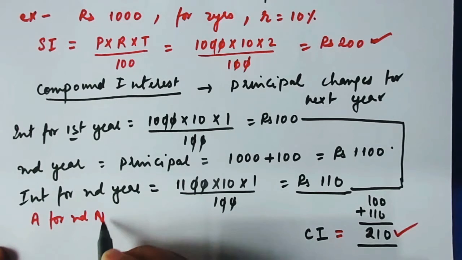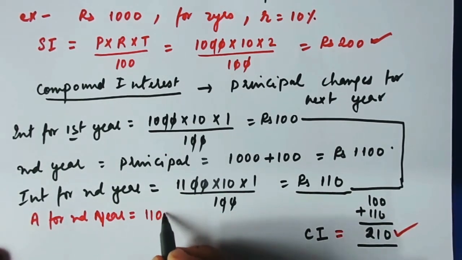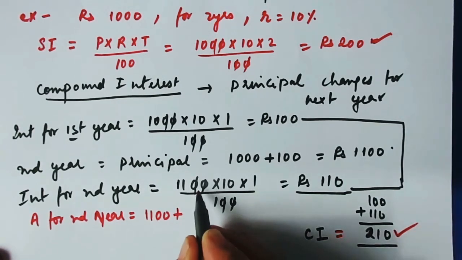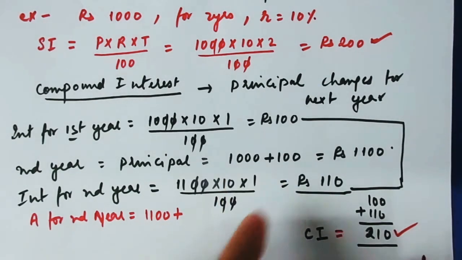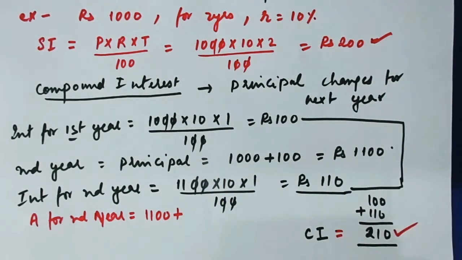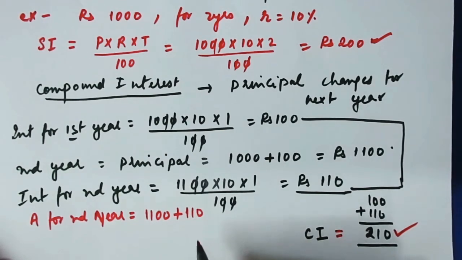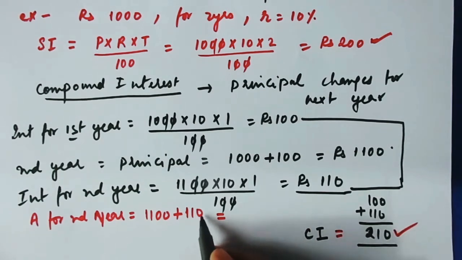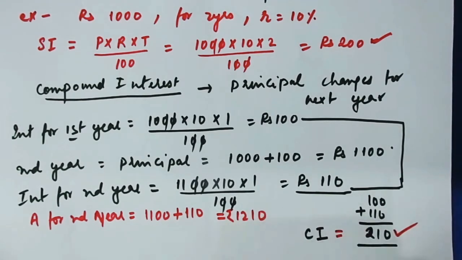So the amount for the second year will be equal to your principal 1100 plus your interest 110, isn't it? So the amount for the second year will be rupees 1210.